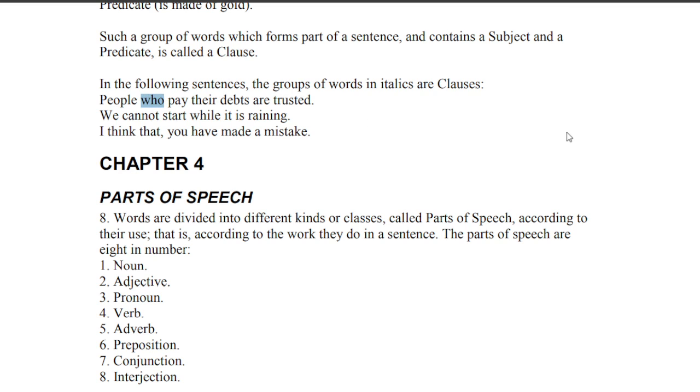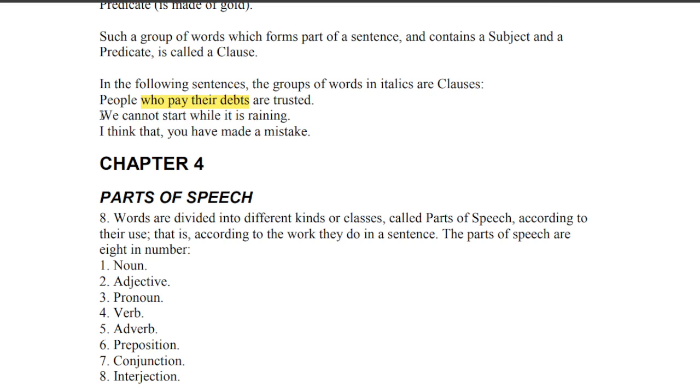Who is the subject, while pay their debts are trusted is the predicate. It is a complete sentence embedded in another bigger sentence. So, who pay their debts is a clause because it is a sentence within another sentence.